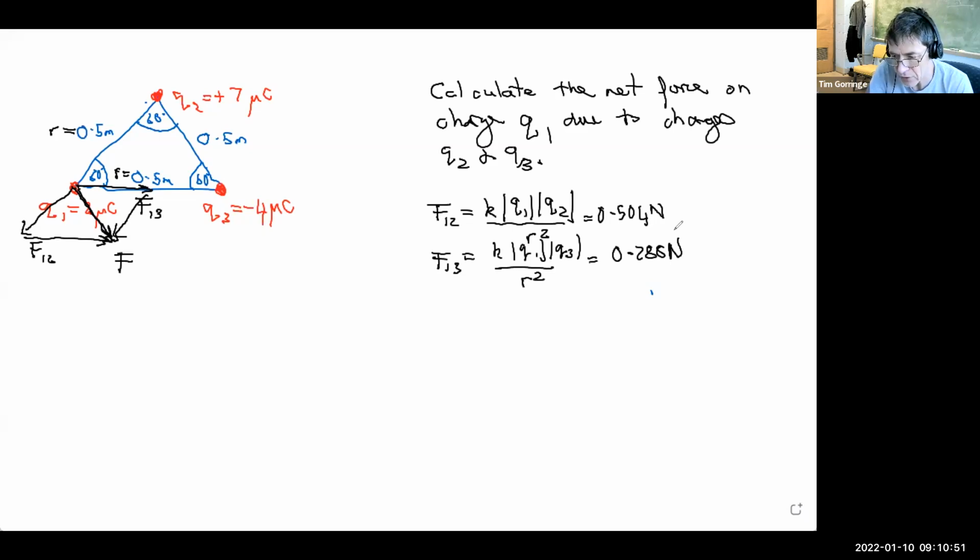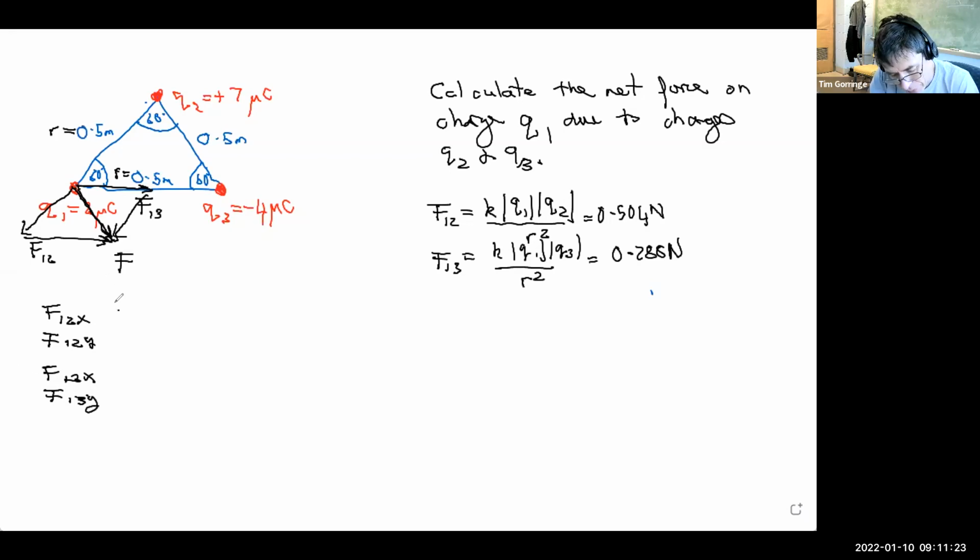So my first task is to write down what the horizontal component of F12 is and what the vertical component of F12 is. And then I'm going to do the same thing for F13, what's its horizontal component, and F13y, its vertical component.